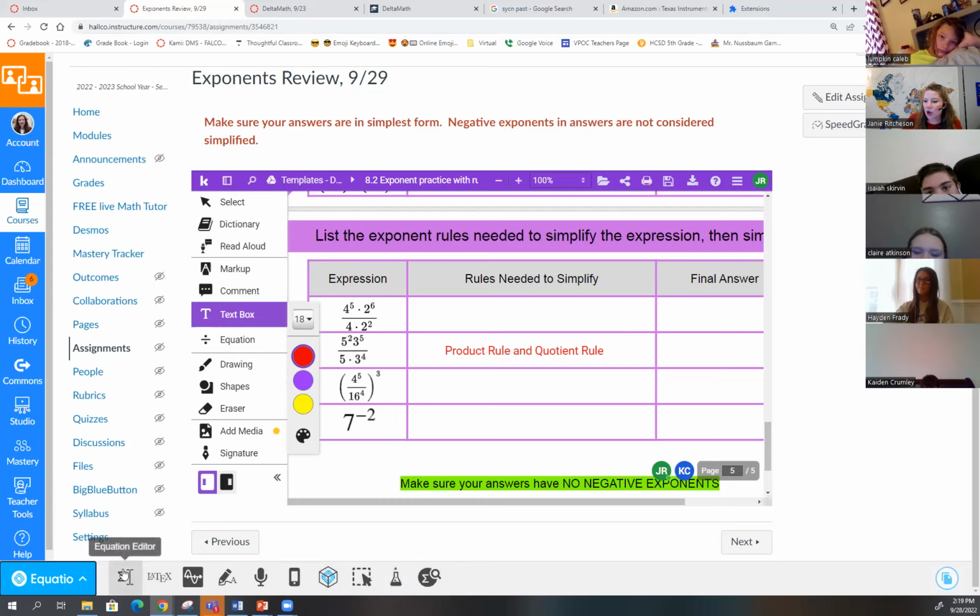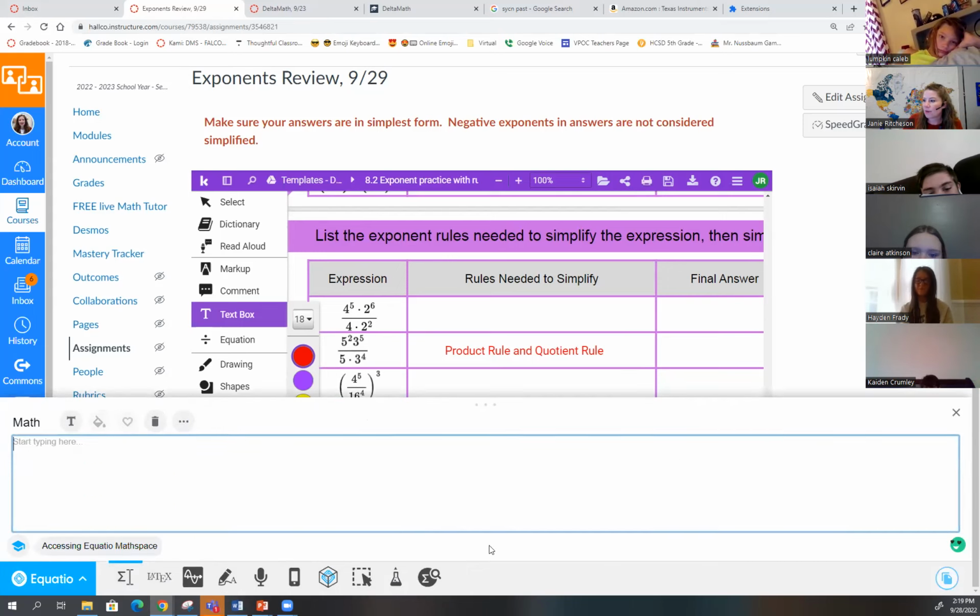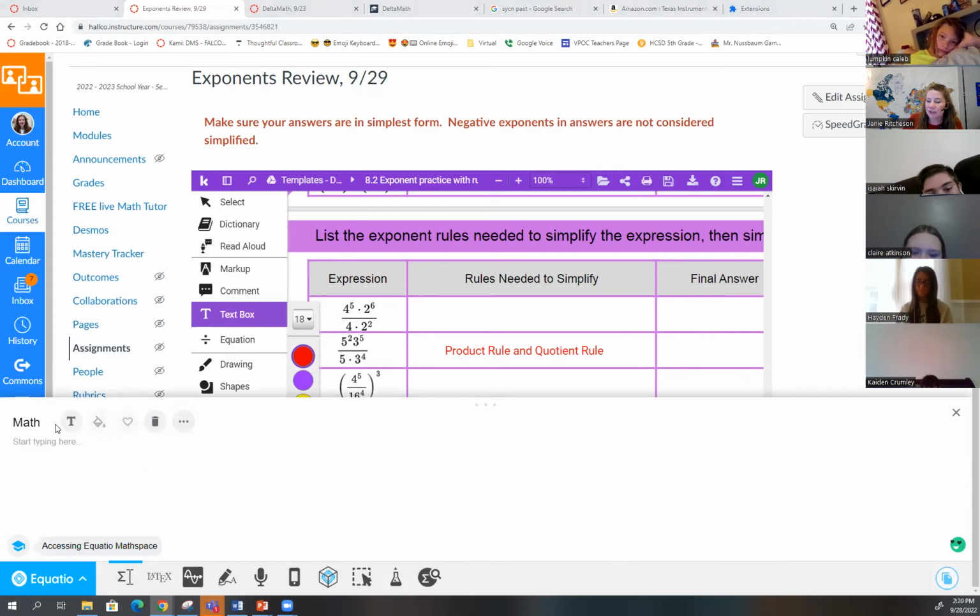Okay. So to open this area that I can type in for Equatio, I'm going to come over here. It says equation editor. So I'm going to open that and I want to put in a fraction over here. You just have to play around with it. It took me a while, but I figured out where all the buttons are that I want to use. So I'm going to come over here to these three dots.